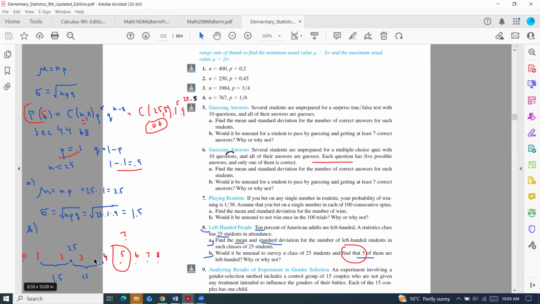In fact, you can use the same formula to calculate the chances to find exactly 4 people, or 3 or 2. Probably 3 or 2 is very likely, so it's a much higher chance than 4. If you go farther, you could also calculate the chances to find 6 left-handed people, or even more.